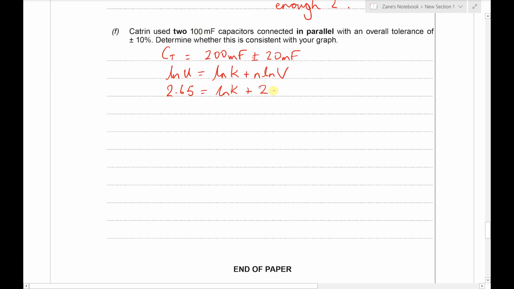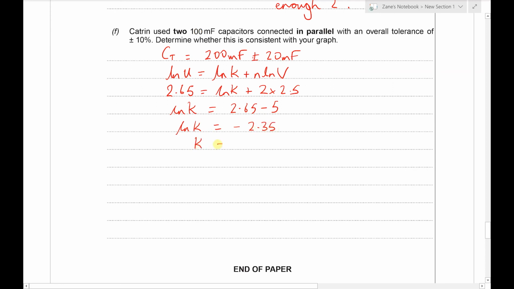I'm going to take n as 2. So we have that log of k will be 2.65 minus 5. The 2 times 2.5 is 5. So log of k will be minus 2.35.